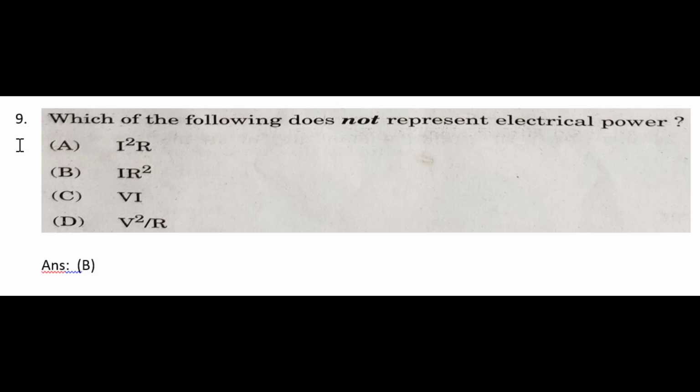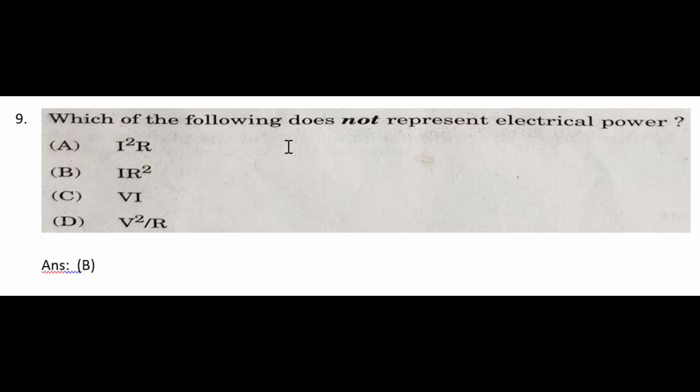Now question number 9. Which of the following does not represent electrical power? That means P. We have to find out the P, power. For that, we have to know the relations between various terms.